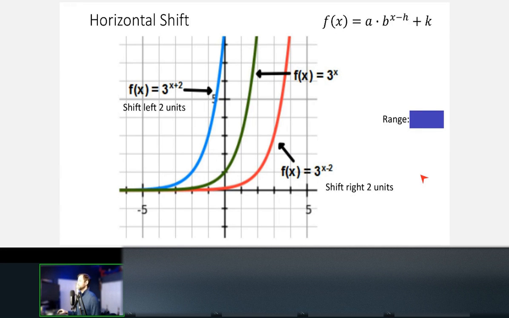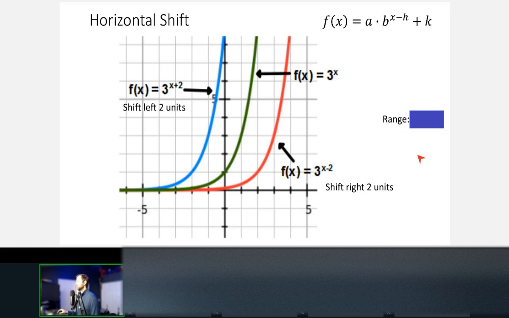What is the range? Is range the X or the Y? The Y value.